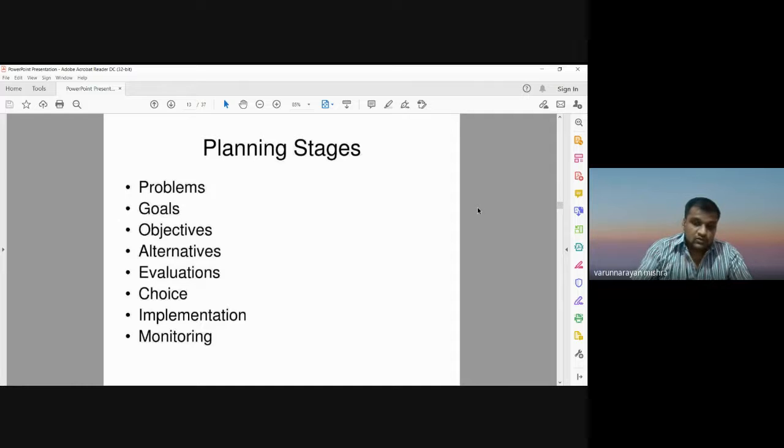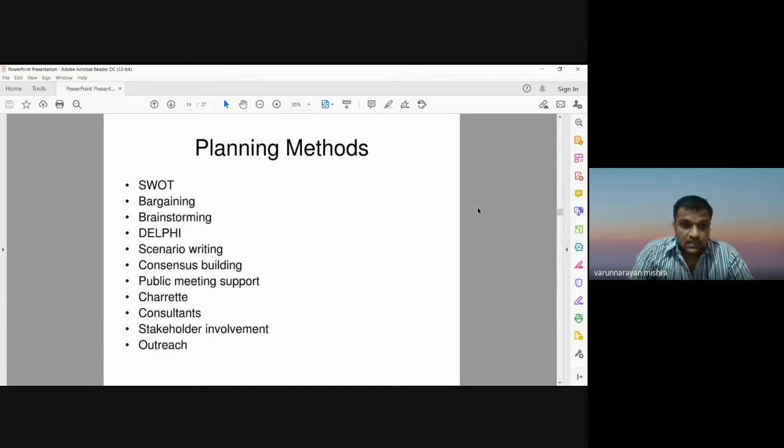Planning methods also have different scenarios. You can have different planning methods: SWOT, bargaining, scenario writing, consequences, public meeting support, charity, consultants, stakeholder involvement, and outreach. These are steps that can be involved in the planning process.